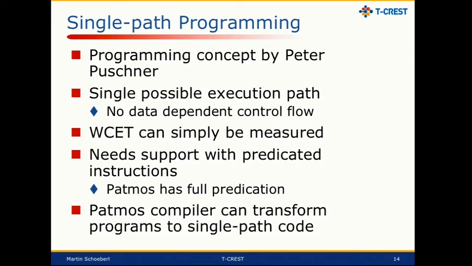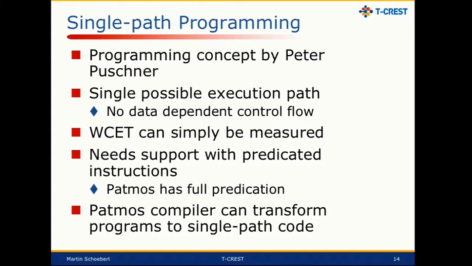Single-path programming is what came from Vienna. Peter Puschner was thinking about this and had done a little bit of work, and then he managed to get a little bit more done on this within the project. Single-path means the program has only one path through the code. In an if-else condition, you execute both parts of the code.